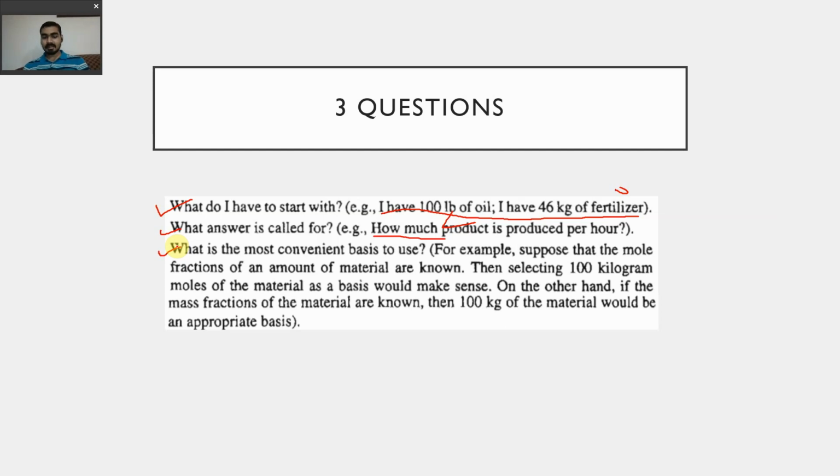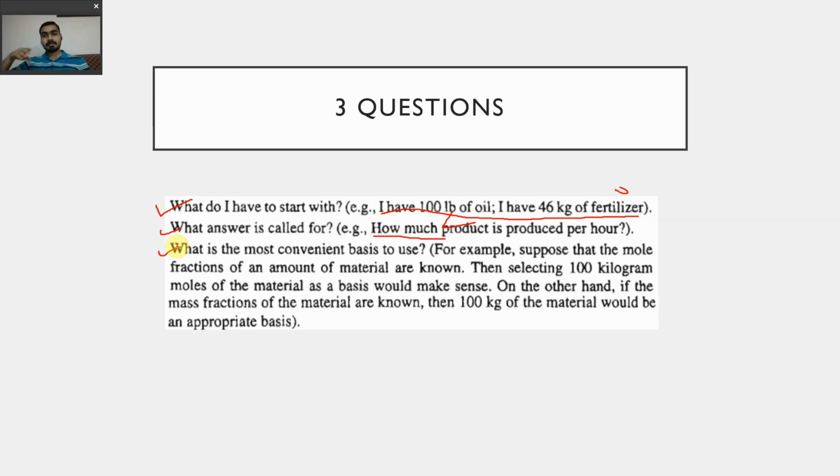So which data should you choose as a basis? Based on the type of basis, we are going to solve the next part of the problem. We have to answer these three questions, and if we know how to apply basis, we will get the answer for these three questions.